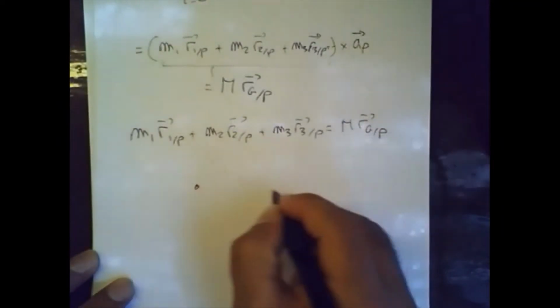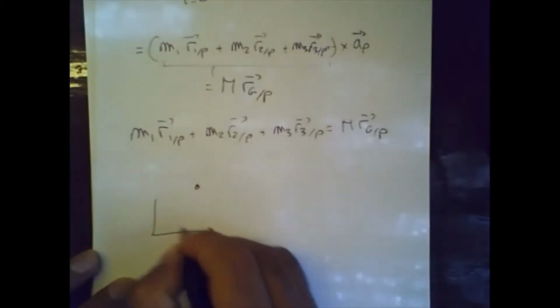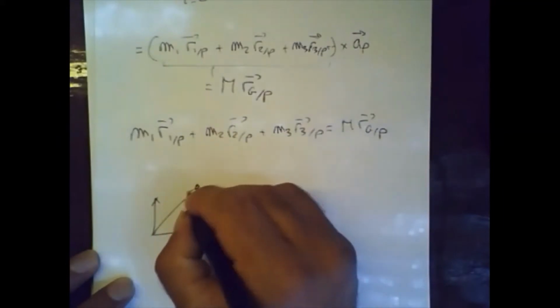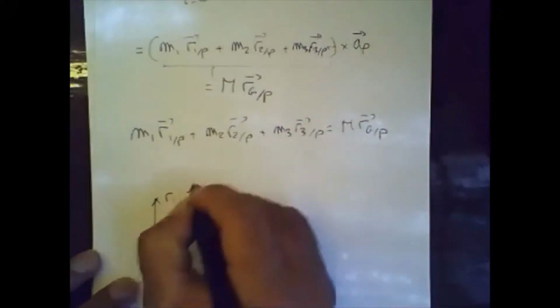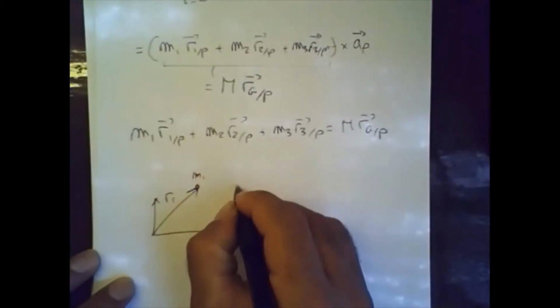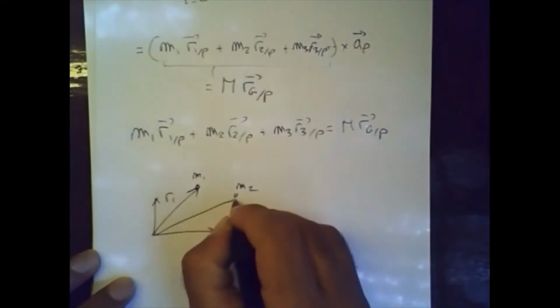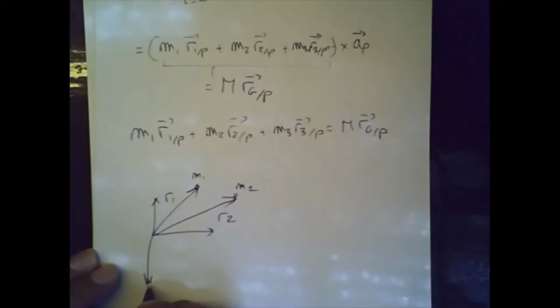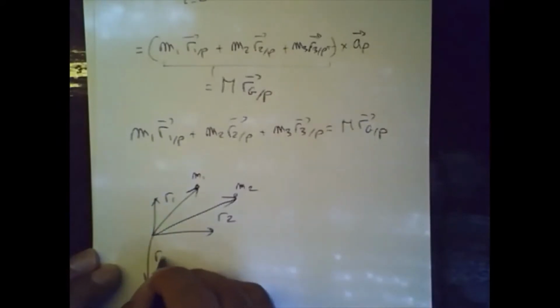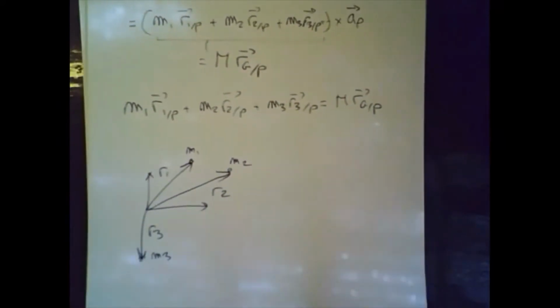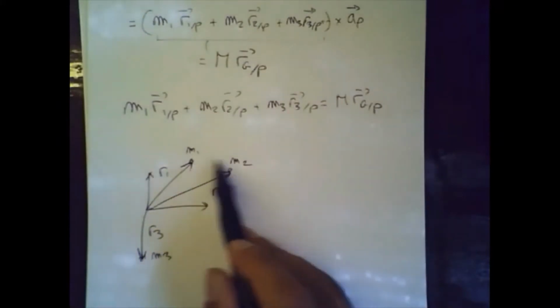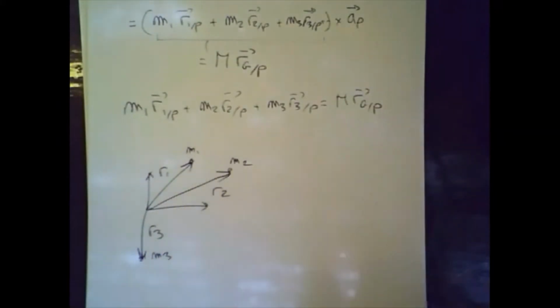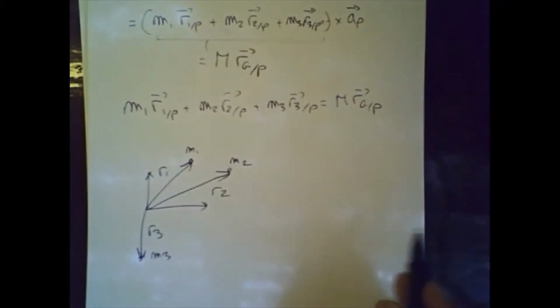So if you have just three points, randomly, if you have some frame like that, and I have point 1, and this guy is r1, m1, and I have another point, m2, and this guy is my r2, and then I have another point here, m3, and this guy is r3. If I ask you to find the center of gravity for this array of masses, how do you find it?